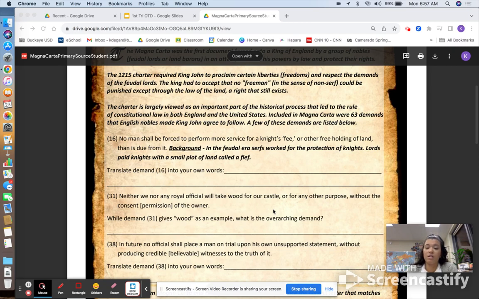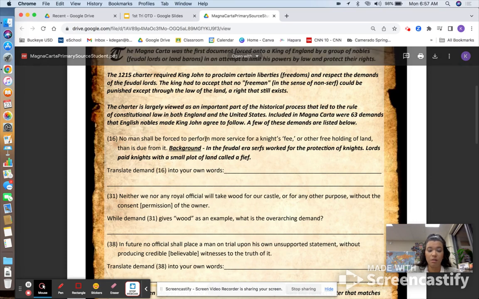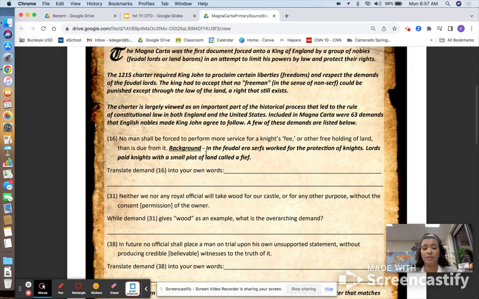Included in Magna Carta were 63 demands that the English nobles made King John agree to. A few of these demands are listed below. Your job today is to read, right here where it says, "No man shall be forced to perform more service for a knight's fee or other fee holding of land than is due from it." So here's the background.